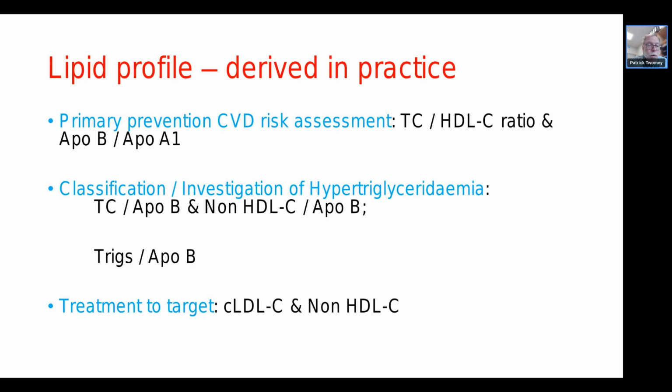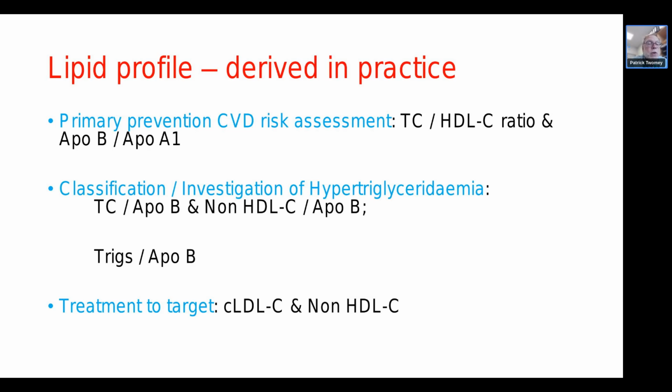They all have different uses, and so the total cholesterol to HDL ratio is not something I would generally use in secondary prevention, and similarly, I would not think many people would use the ApoB to ApoA1 ratio in secondary prevention. That is, in those with vascular disease. It's all about preventing disease in those who don't have it in the first place, so-called primary prevention.